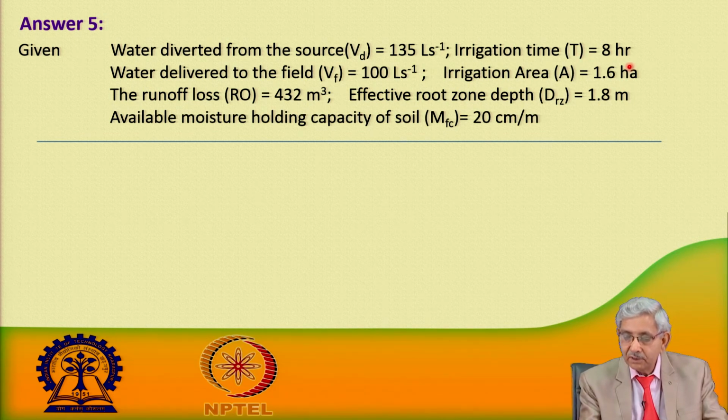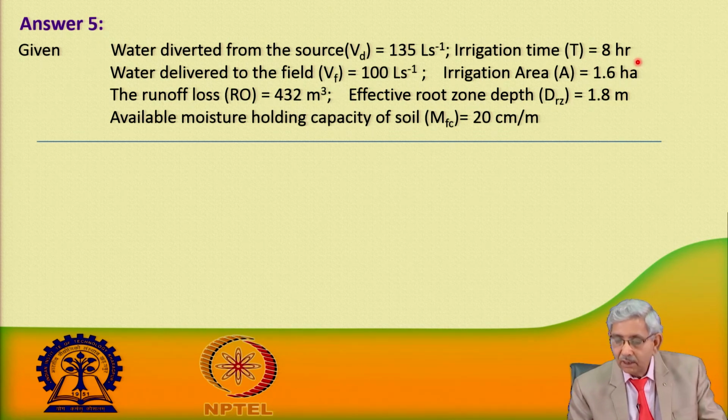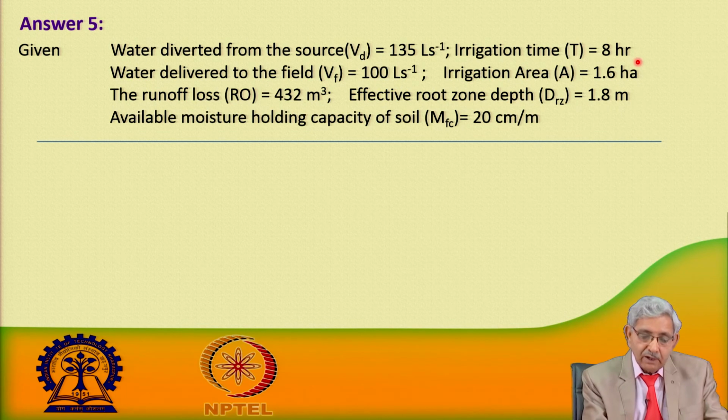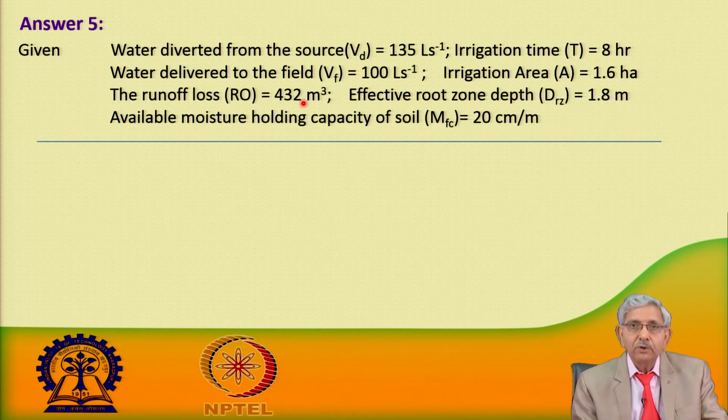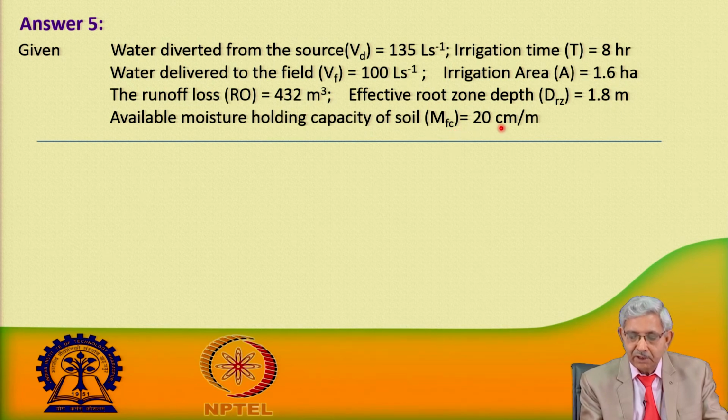Area of irrigation is 1.6 hectare. Runoff loss is 432 cubic meter. Effective root zone depth is 1.8 meter, and as I have already told you, the moisture content at field capacity is 20 centimeter per meter.